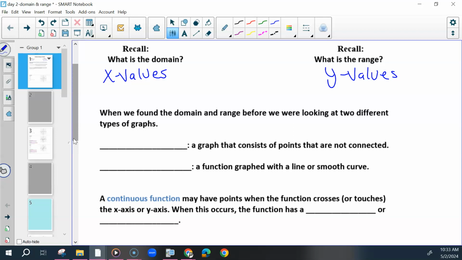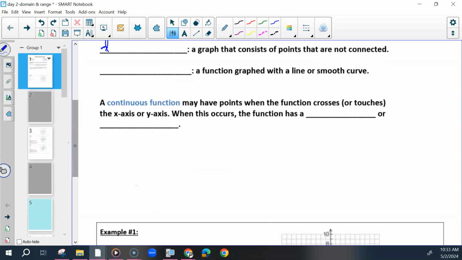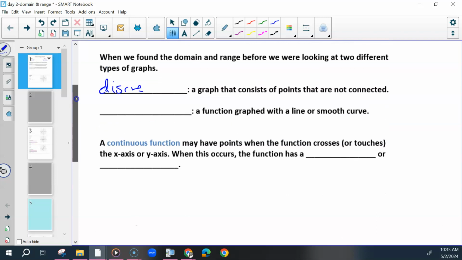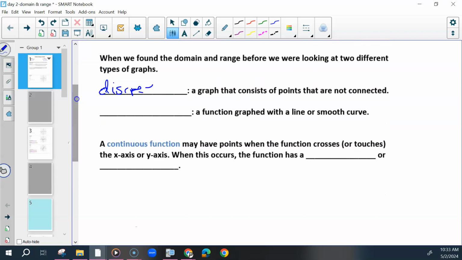So if we have points, like random points along the graph, that's discrete. Oh, that is not how you spell discrete. I thought it was 2 E's.